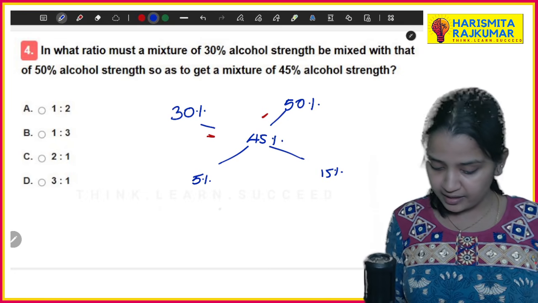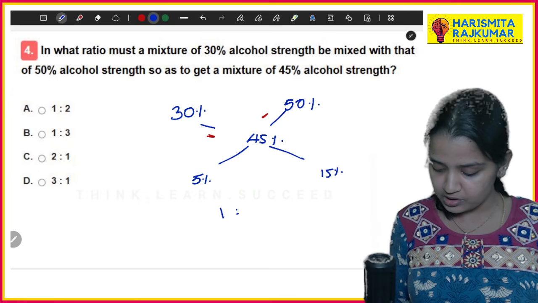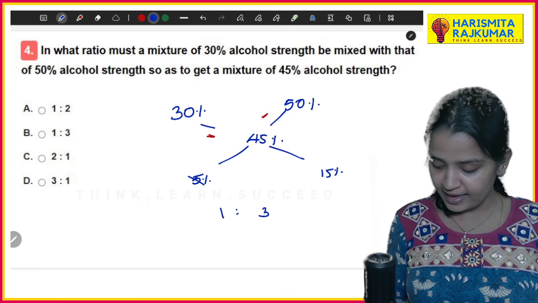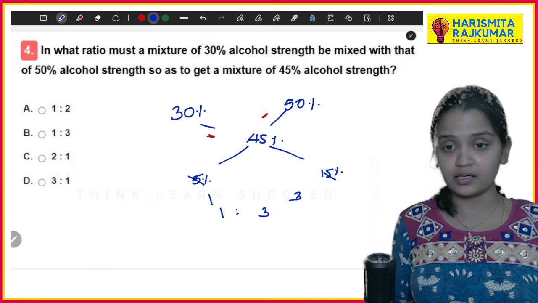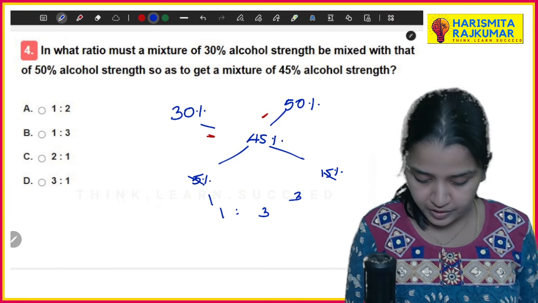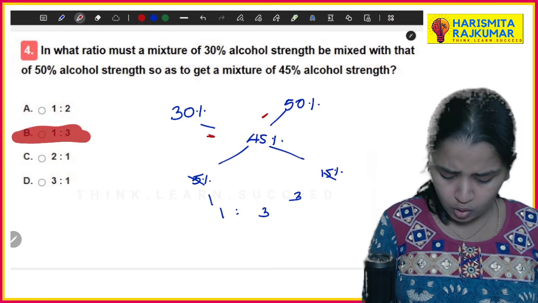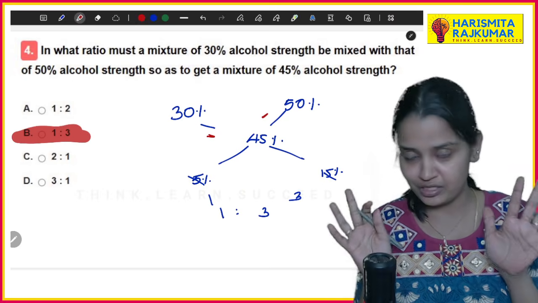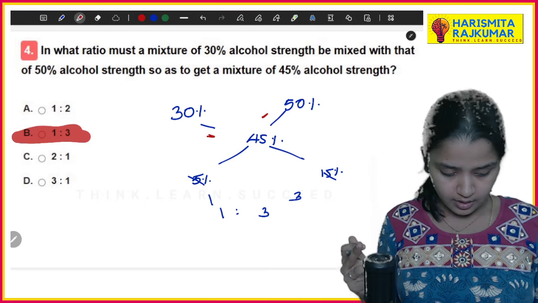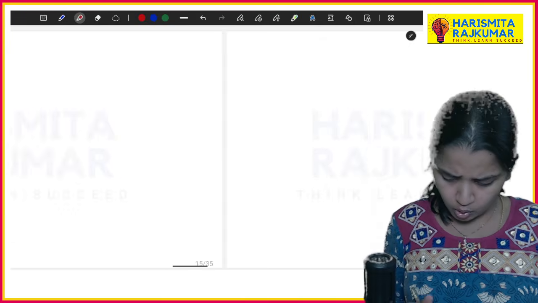So when I take the ratio of it, I will have 1:3, because when I cancel it with the 5 table, it's 1 and 3. So this is another question, directly done. If you don't know what the diagram is, you have to check part 1 video and come back. Okay, now let's go to the next one.